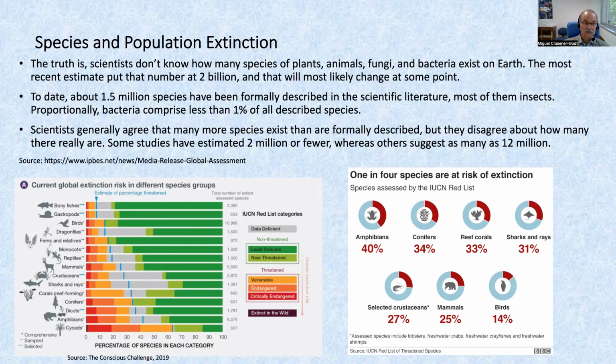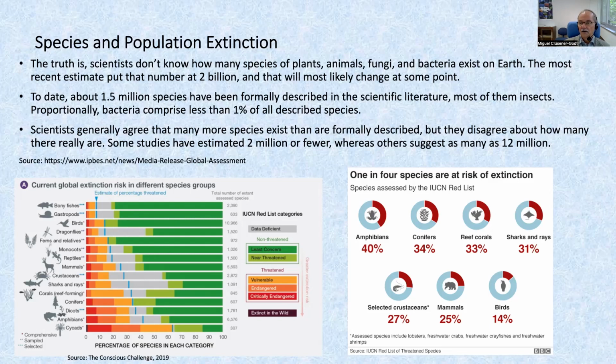Most of these species are insects, but the description of bacteria and other prokaryotes is less than 1%. So, as I told you, scientists disagree on how many there are. Some say 2 million, some say 12 million. I think this is not important here.